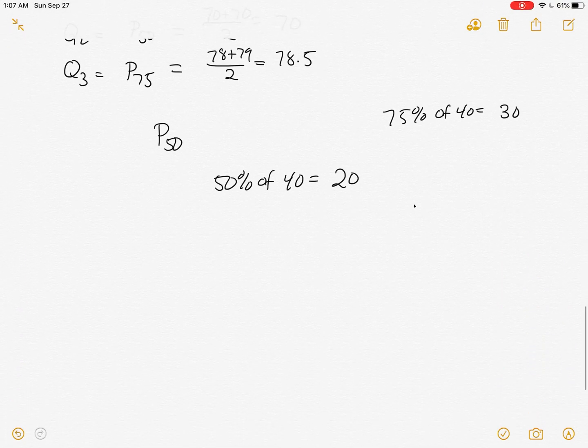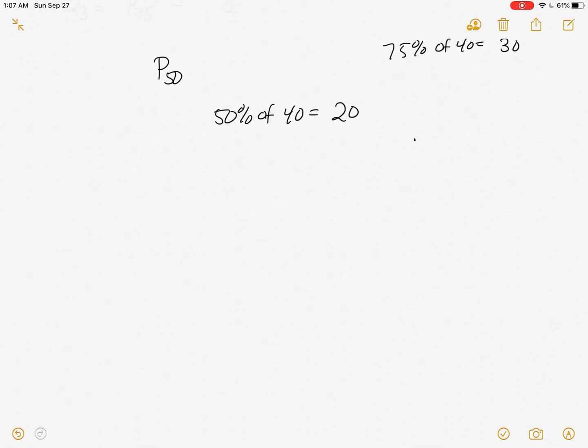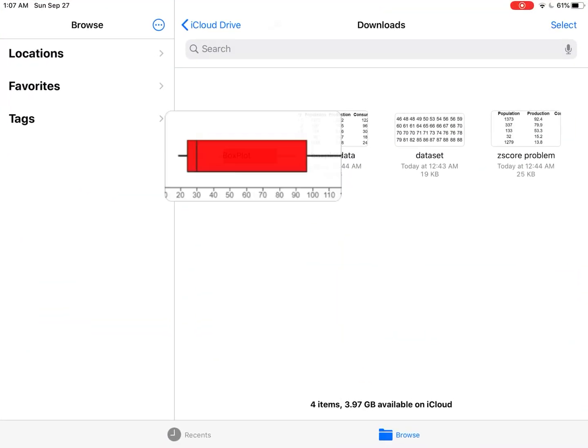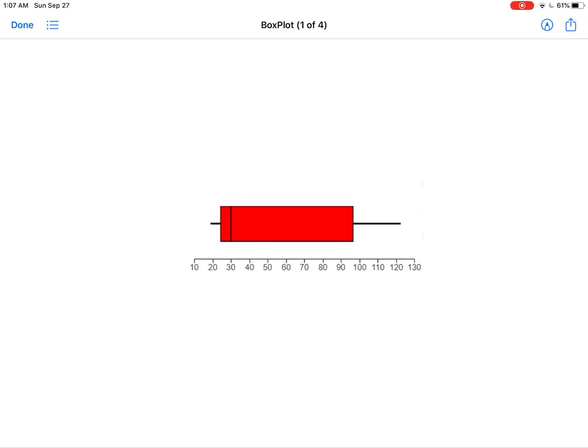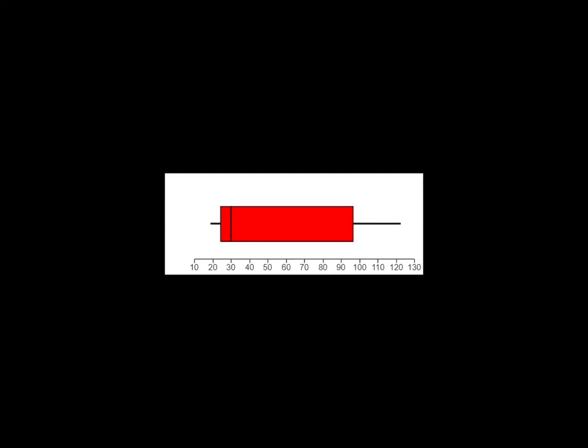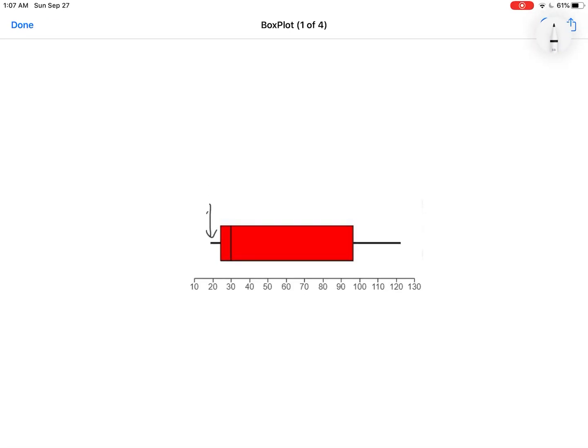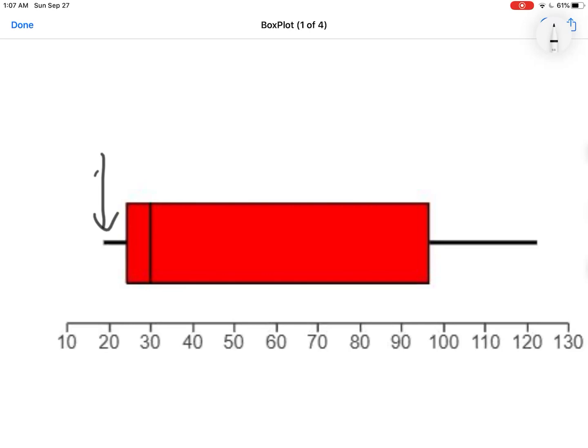Let's take a look at a box plot. I have one drawn out here, and we can just look at it together. A box plot has several things in it. It has this line that goes through the middle. This beginning point is the low value of the data.